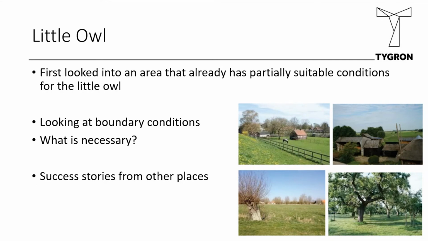And then, as I said, you start looking at the boundary conditions. So what is necessary? I also took a big example from success stories where the little owl was successfully reintroduced in the Netherlands, and looked into what methods and measures were taken there.